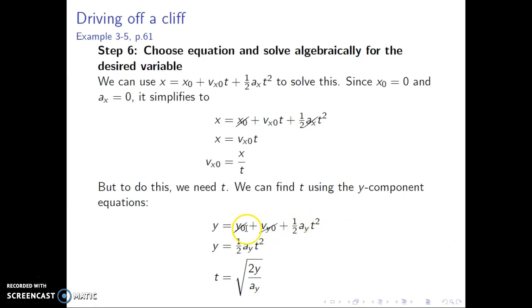Our initial position in y is 0. Our initial velocity in y is 0, so both of those cancel out. We're left with y equals 1/2 a y t squared. Solve for t, and it becomes the square root of 2y over a y. If you need a minute, feel free to pause the video here so you can come to that derivation yourself.